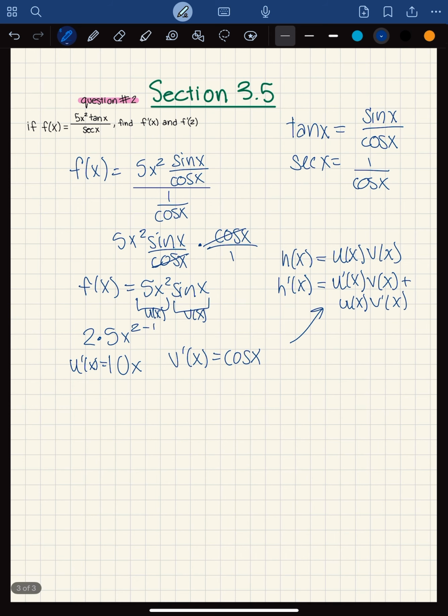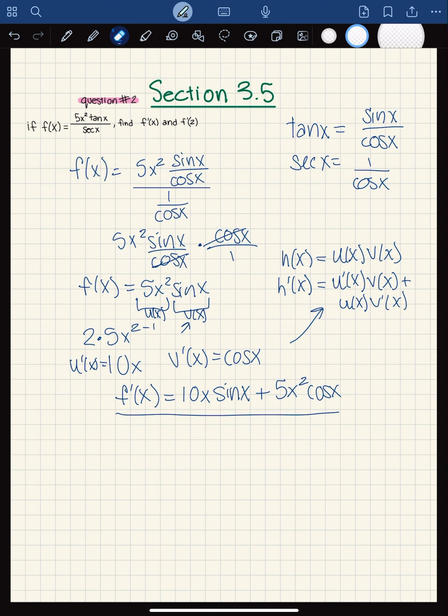So f prime of x equals u prime, which is 10x, times just the regular v of x, which is sine x, and then plus regular u of x, which is 5x squared, times v prime of x, which is cosine x. So that's f prime of x, how you get that.